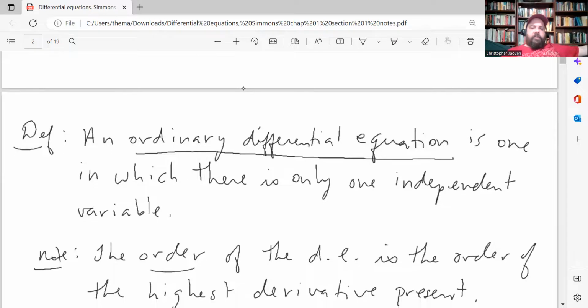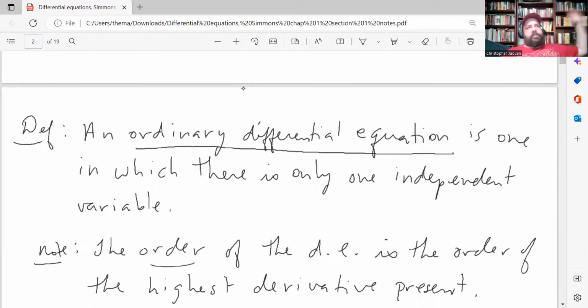There are two types of differential equations we're going to be looking at, and then we have the definition of the order of a differential equation. But in this book, mainly we're going to be looking at ordinary differential equations. An ordinary differential equation is one in which there's only one independent variable.